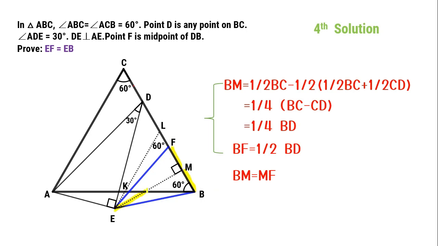Meanwhile, EM is perpendicular to BF. So EM is a perpendicular bisector segment to BF. We can get the result: EF equals EB.